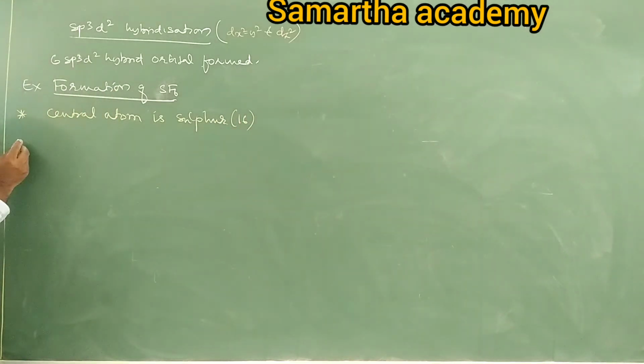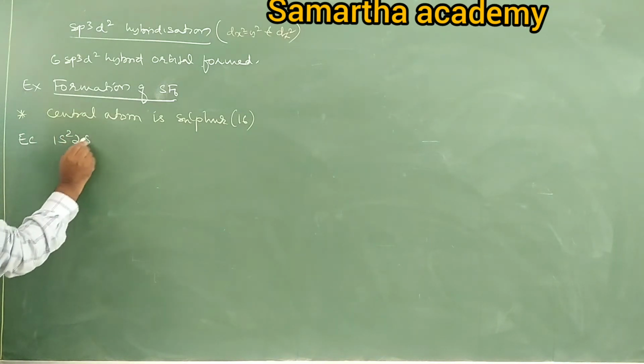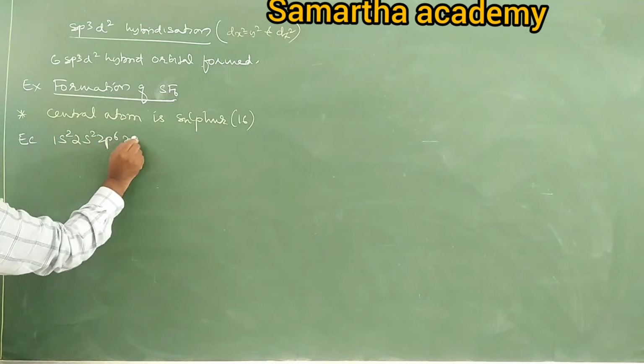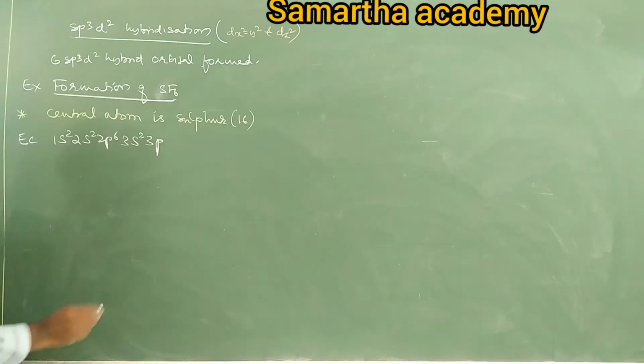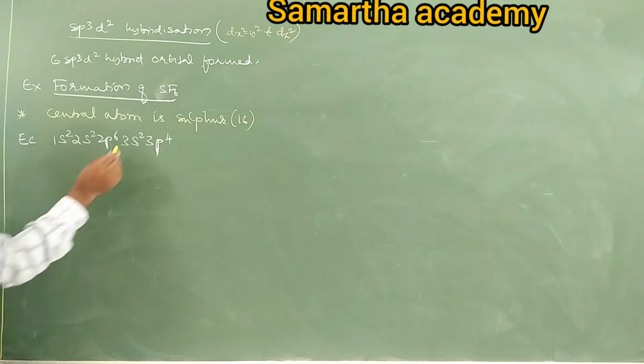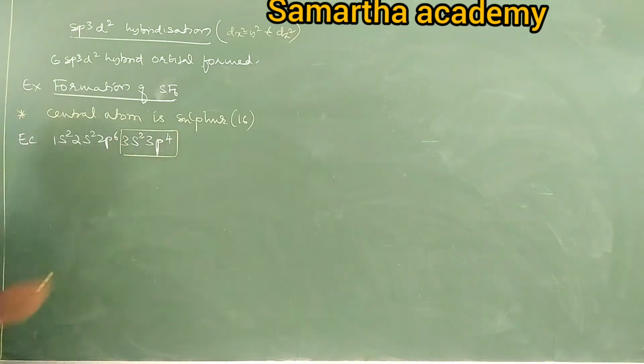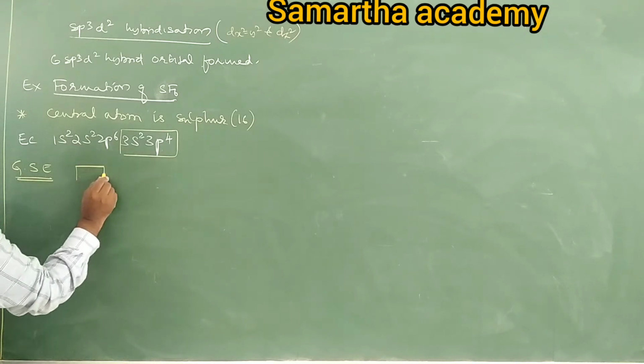Therefore, write electronic configuration: 1s2, 2s2, 2p6, 3s2, 3p4. So what is the valence shell? 3s2, 3p4. In ground state electronic configuration we write only valence shell 3s2, 3p4. 3s2, s orbital has 1 box.